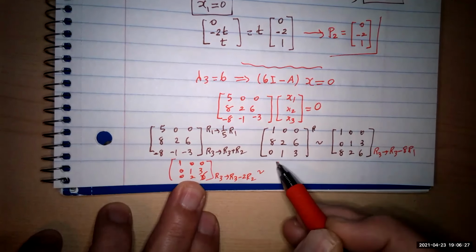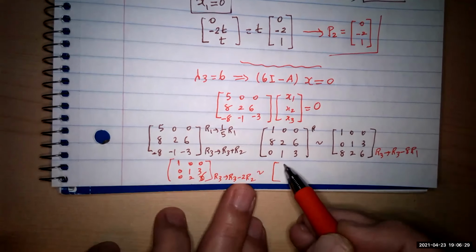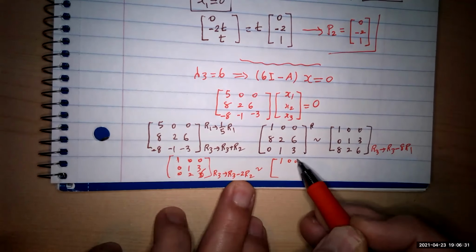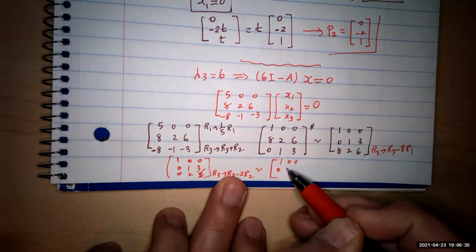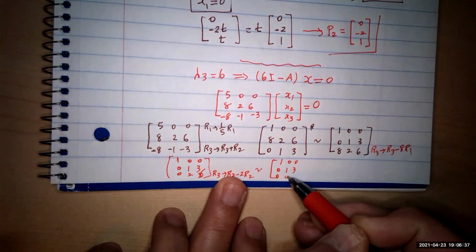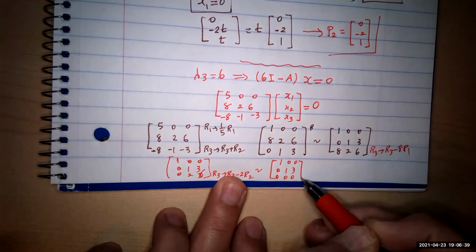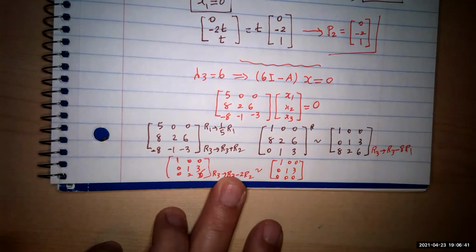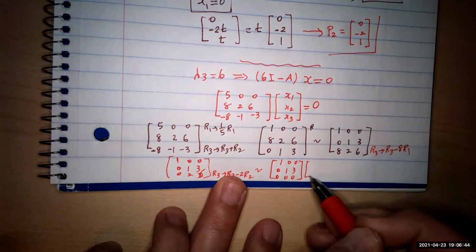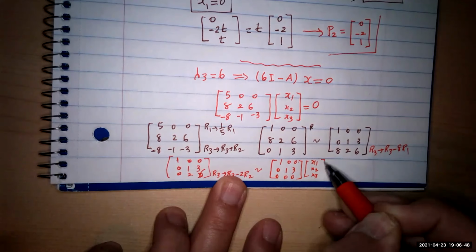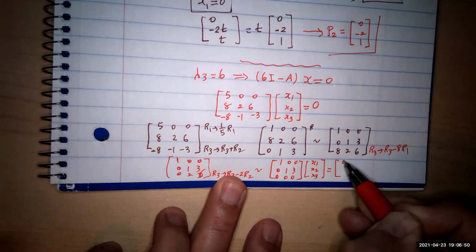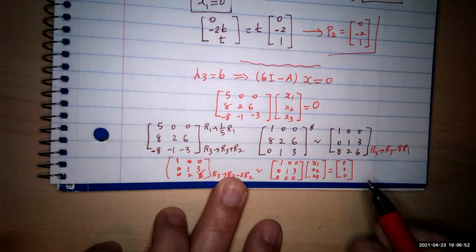So the result is going to be this matrix: 1, 0, 0, then 0, 1, 3, and you get 0, 0, 0. Then you can pick your matrix. So this is times x1, x2, and x3, which is equal to 0, 0, 0.